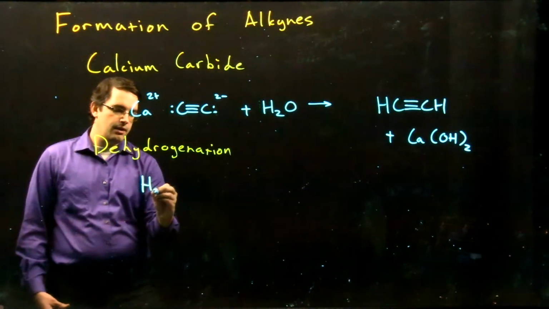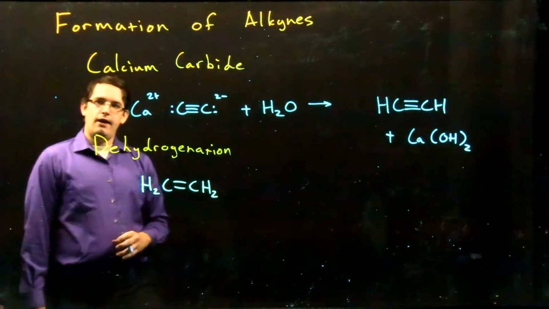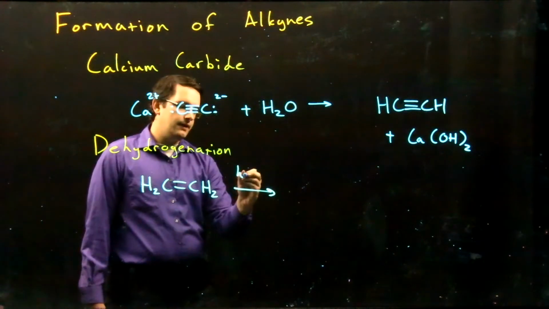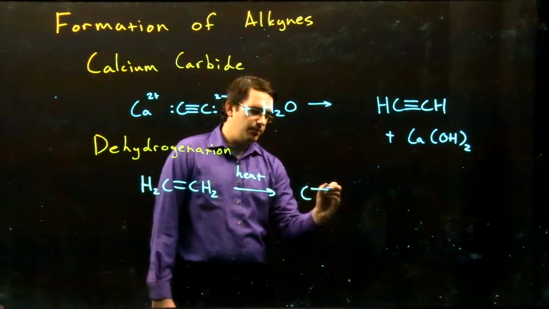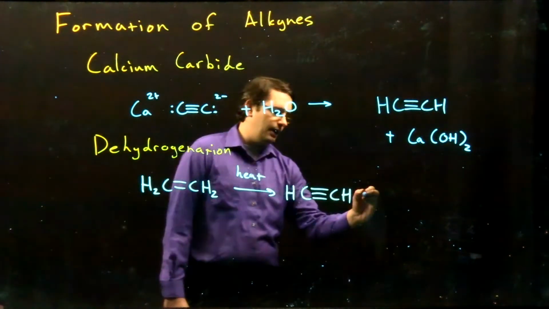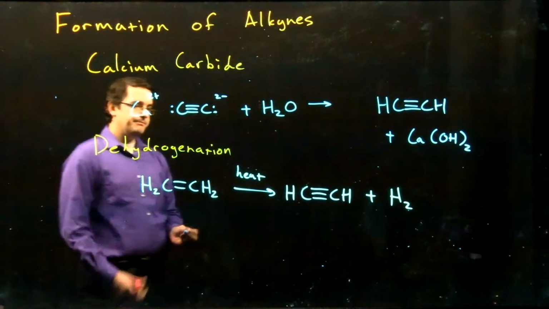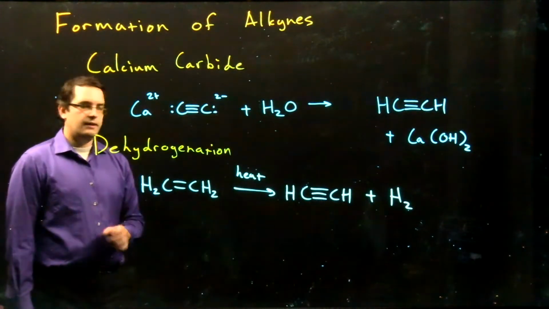But if we take an alkene, such as ethene, we can react it with excess heat, and we can force those hydrogens to break off from our carbons in order to make, again, acetylene, and in this case, hydrogen gas. So again, it's somewhat difficult.